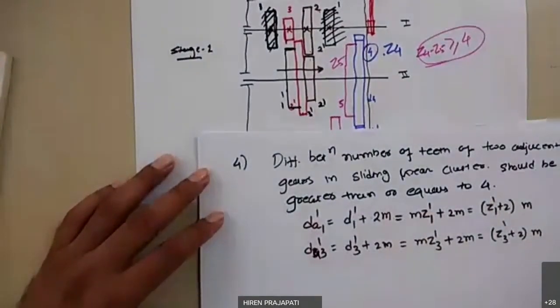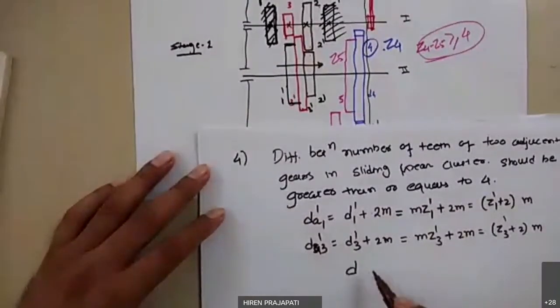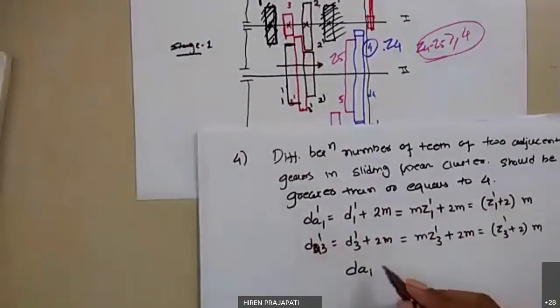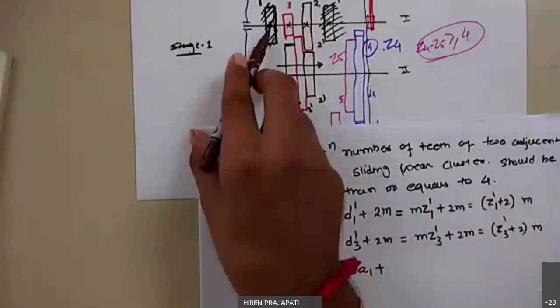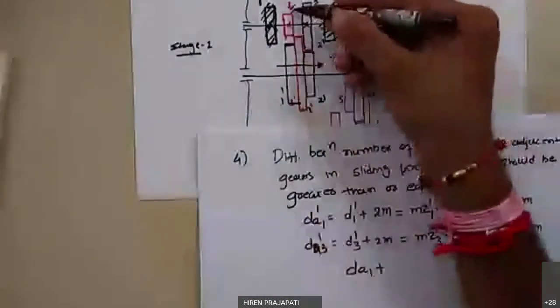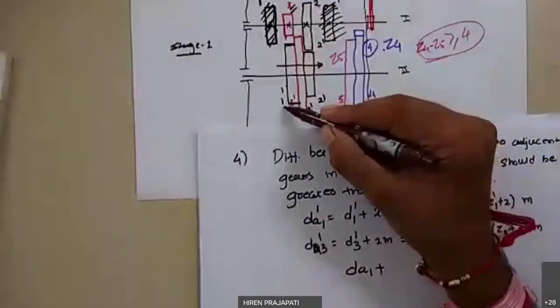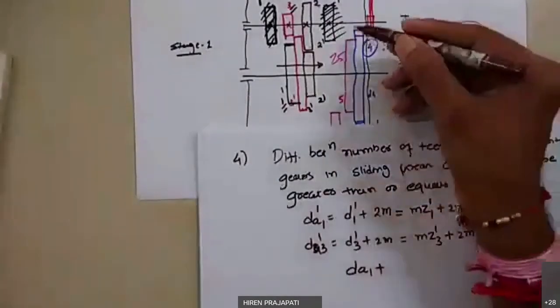So with that condition, we can say BA1 means the radial circle of this gear C and the radial circle of this 1 dash should be less than or equal to the center distance.